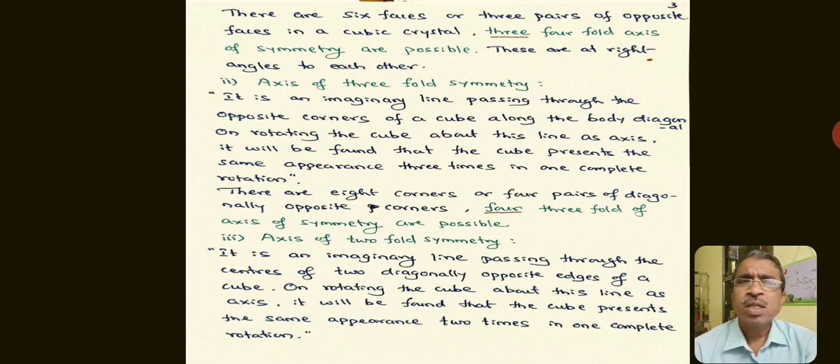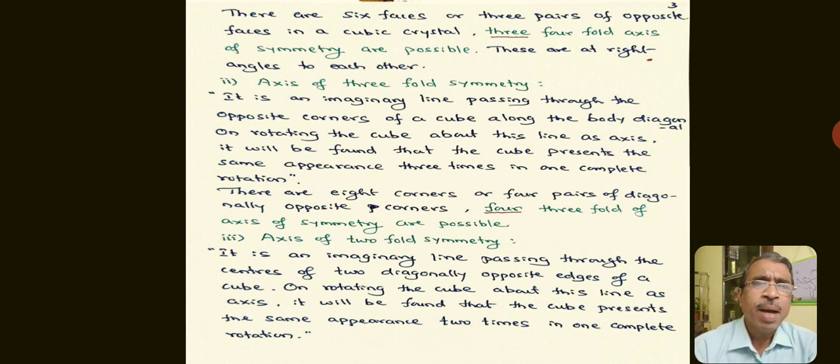How many corners are there in a cube? There are 8 corners or 4 pairs of diagonally opposite corners. Hence, 4 3-fold axes of symmetry are possible. Coming to the third one, axis of 2-fold symmetry.